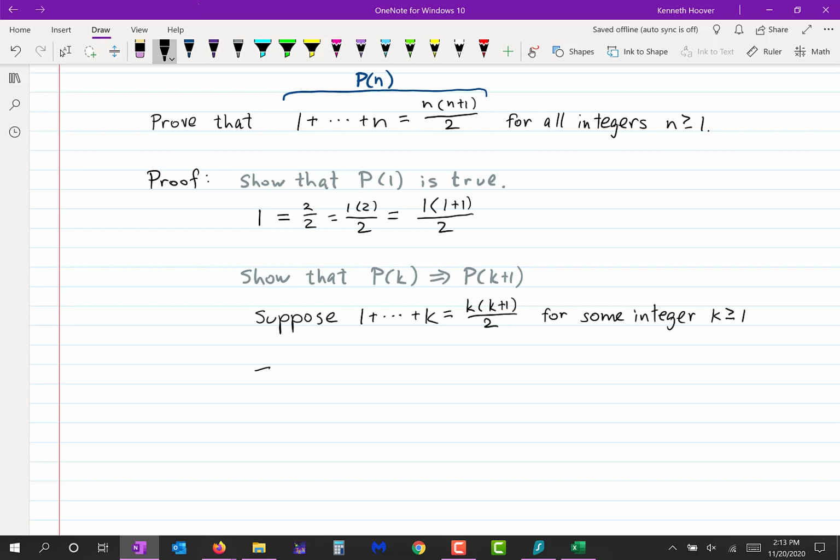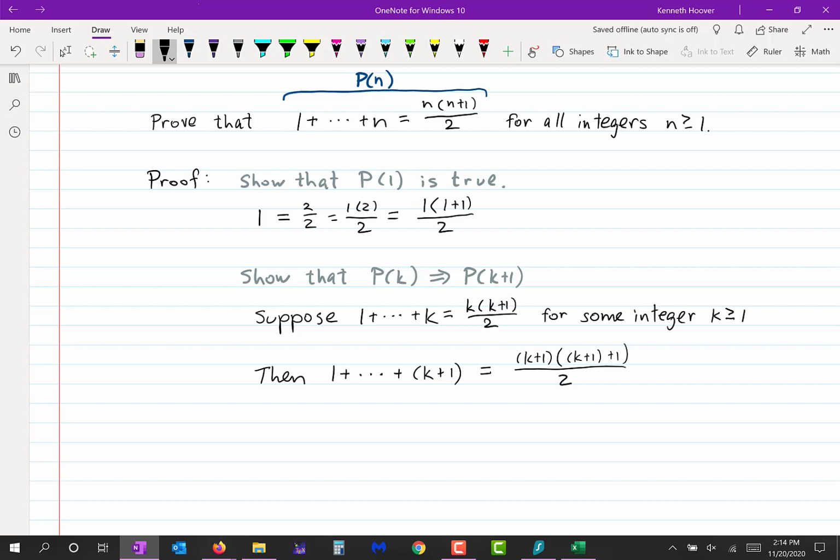Then, and now I need to show that P of k plus 1 would have to be true. In other words, I need to show that 1 plus, well, the sum of all of the integers up to k plus 1 is going to equal k plus 1 times k plus 1 over 2.